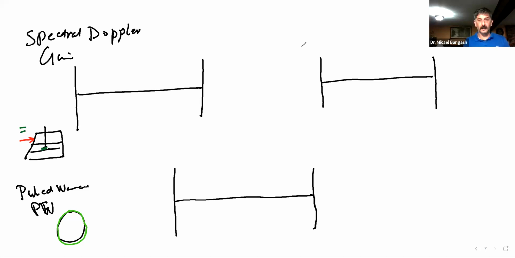If the blood vessel, for instance, was running like this along your image, you may like to steer it so your sample window is like this, but it should be inside the blood vessel, because the blood may be running in this direction here, or in this direction.